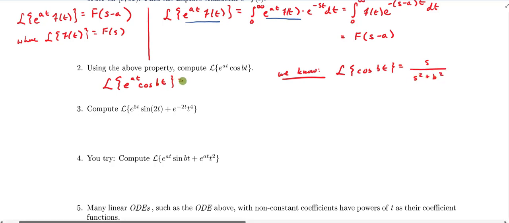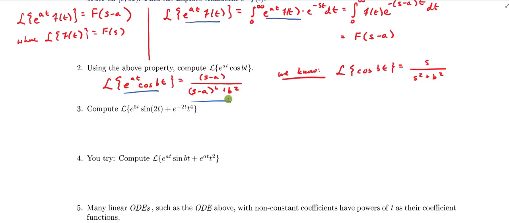In this case, we need to shift it a units to the right. So I'm going to take this transformation that I already know, and everywhere I see an s, I'm going to replace it with s minus a. This gives me s minus a all divided by s minus a quantity squared plus b squared. This is a Laplace transform that I've had you use a few times, but now we've finally proved it. So let's try another one.